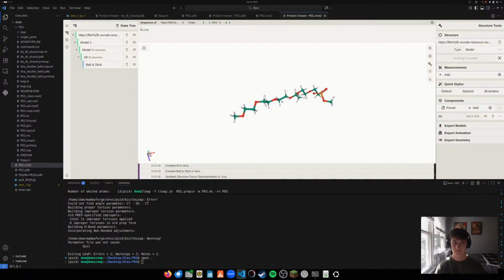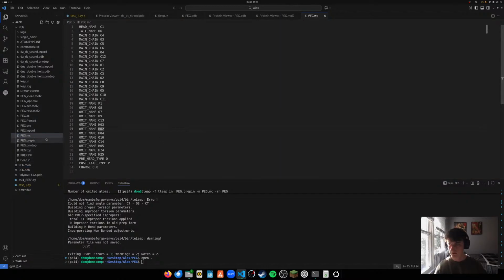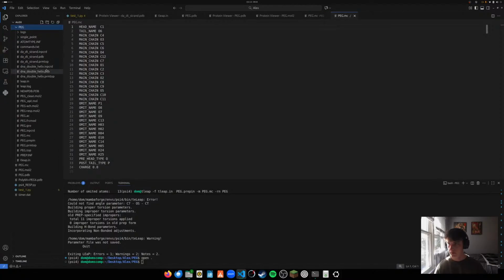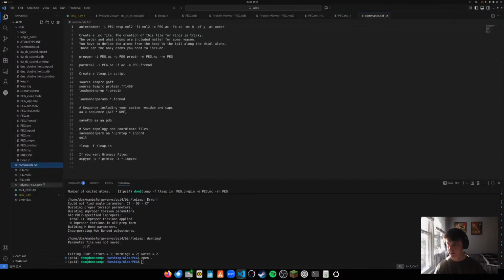This looks good. And then what I'm going to do, copy, paste. Then I will copy the commands, paste. Then I'll run the calculation again, I guess.